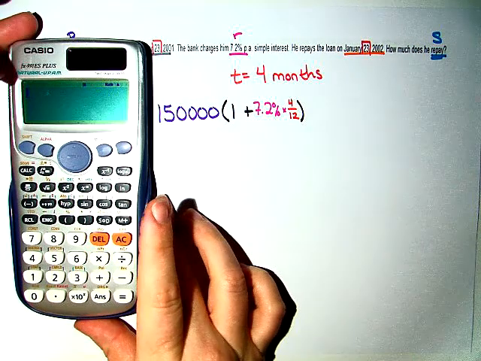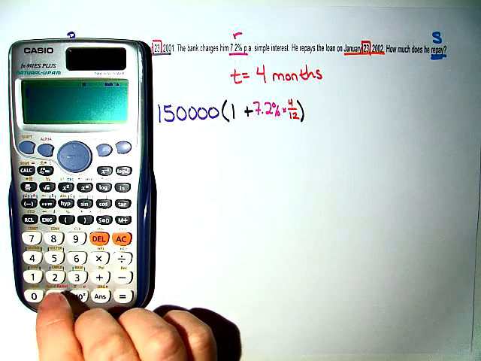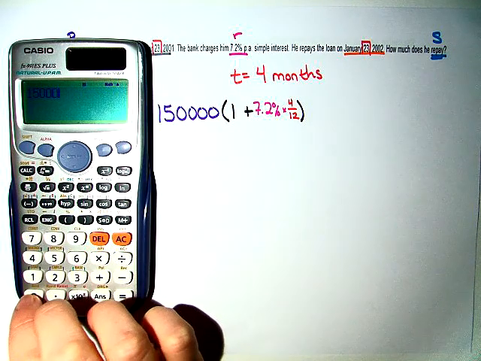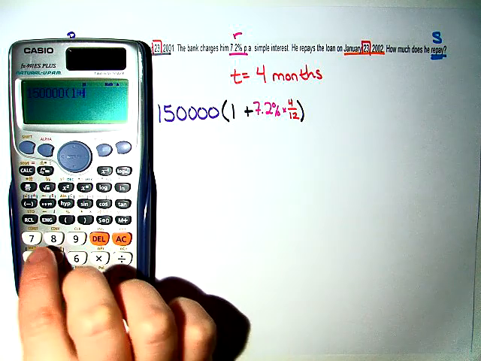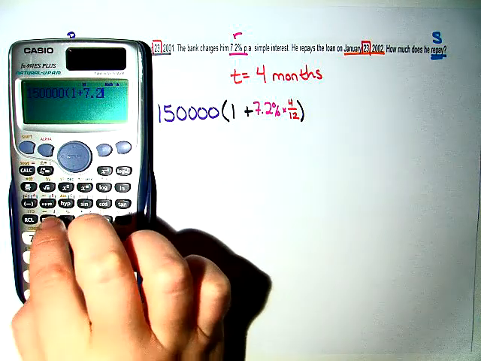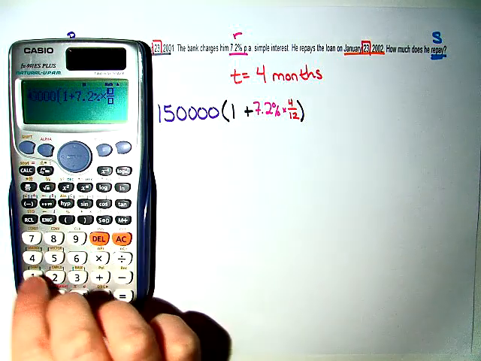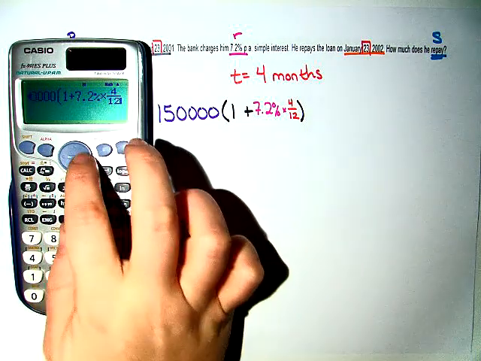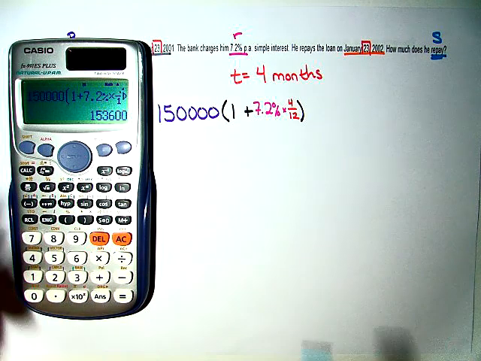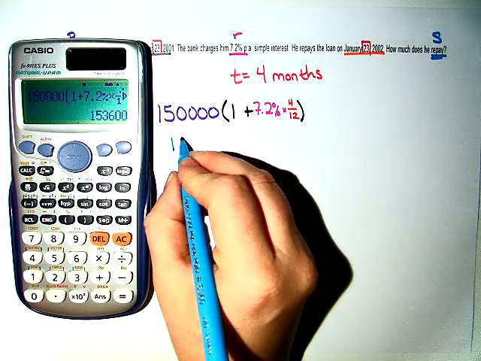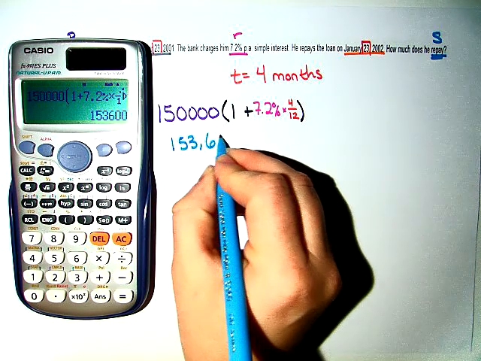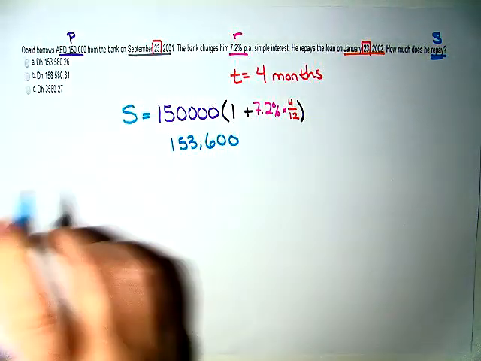All right, so let's put this in the calculator exactly as we see it. 150,000, 1 plus 7.2% times 4 over 12 gives me a final amount of 153,600 for my S.